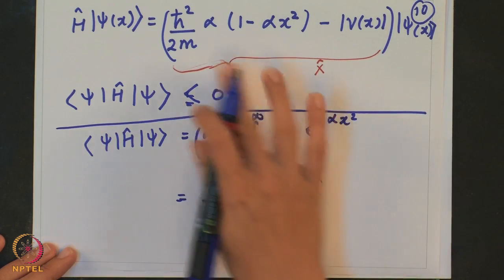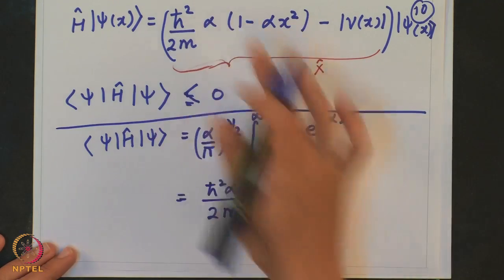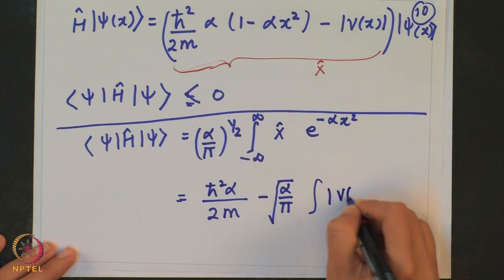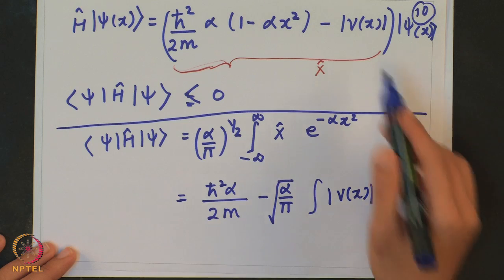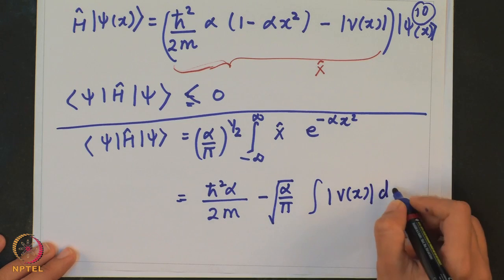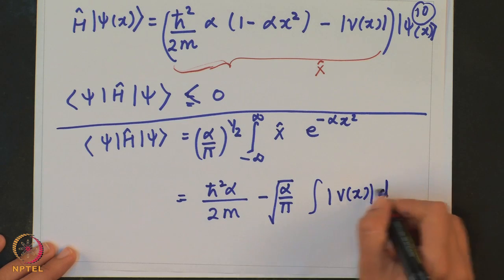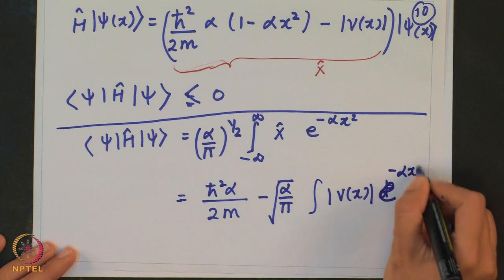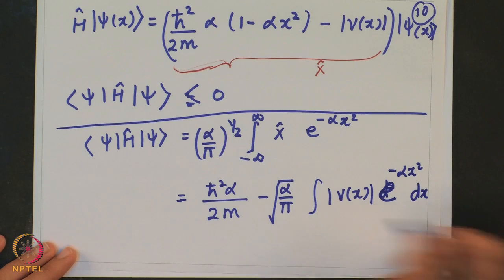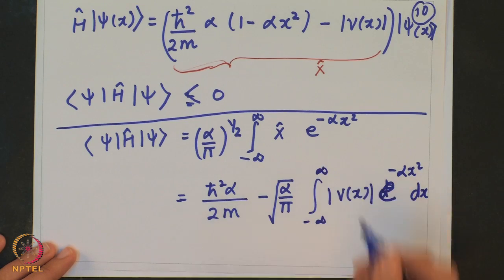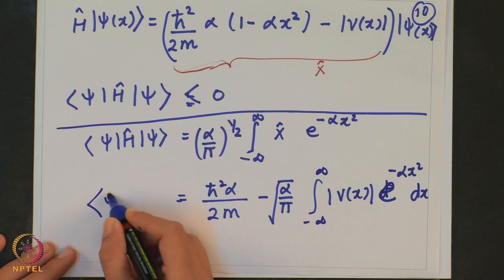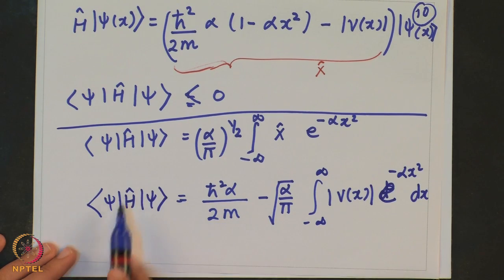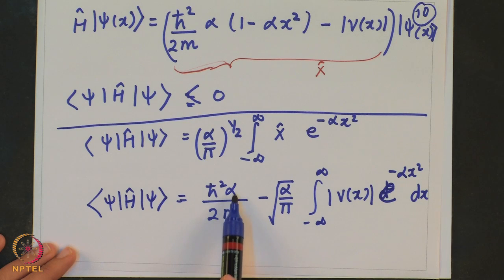And so you will have two parts in this integral. For the first part I have written the final solution; the second part is nothing but your potential part, the integral of V(x) times exponential minus alpha x square dx from minus infinity to infinity. So now we can see the condition on alpha.